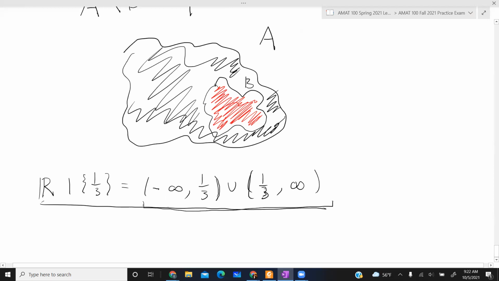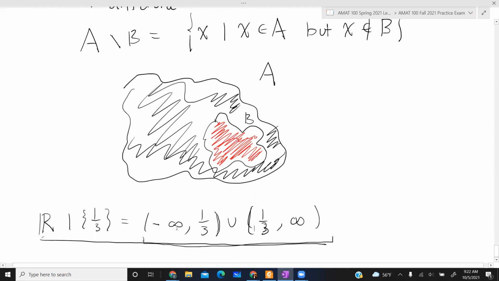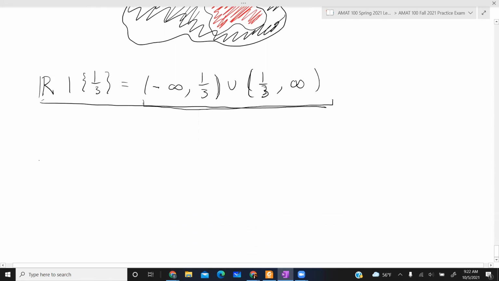And why do I have to do that? Well, I have to take out 1/3 because, let's look at our function. F, I claim that it only makes sense as a function from this set to this set. That is, you can't define the function f on the whole real line. Why? Well, remember the rule for f.